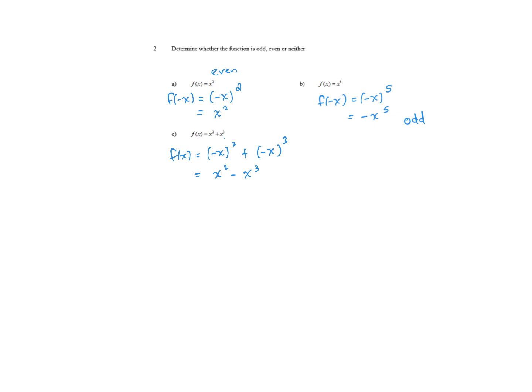X cubed is now negative. So the first term stayed the same, and the second one changed signs. So it can't be a little bit of one and a little bit of the other. It can't be partly even and partly odd. So we say it's neither. It's not completely the same, and it's not completely opposite.